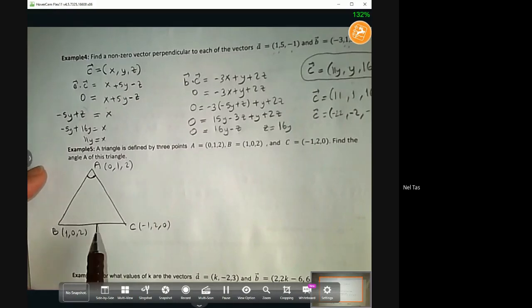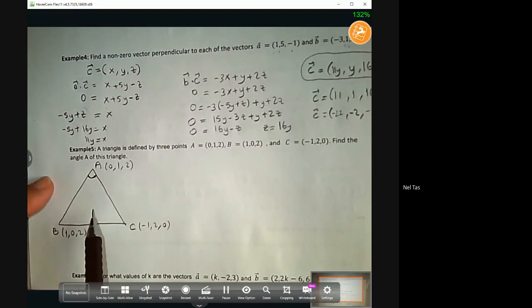Then you could use the cosine law because if you know the three sides of a triangle, you can use the cosine law to solve for one of the angles. But actually now we are not going to use that method. That would take an even longer time. But we're going to use dot product to solve this question.